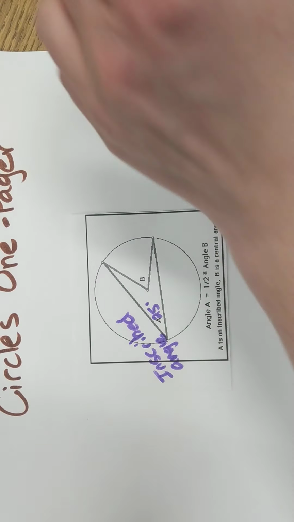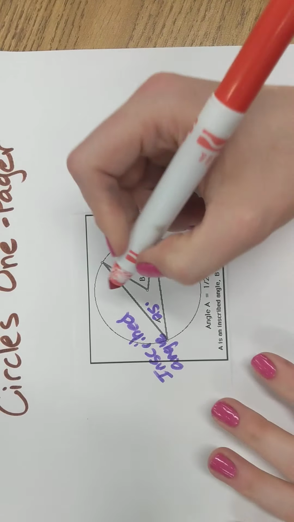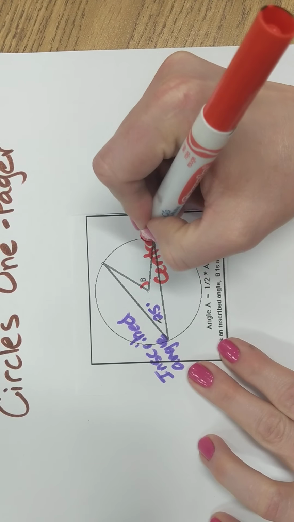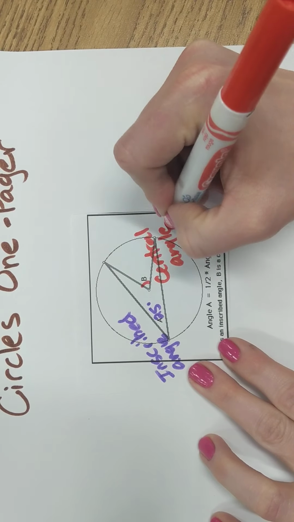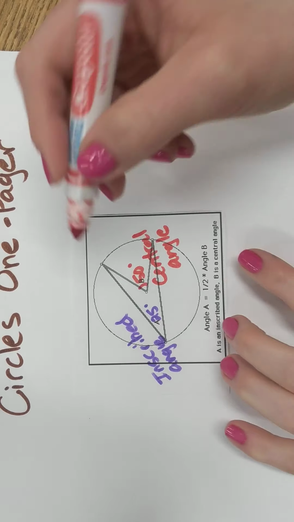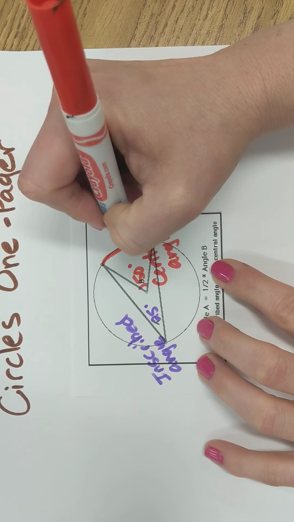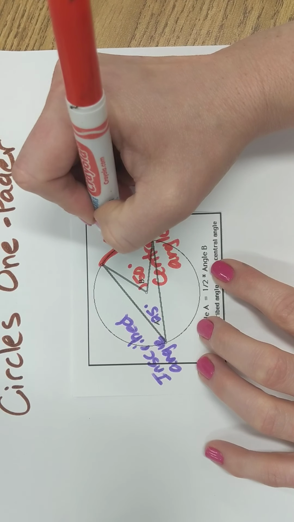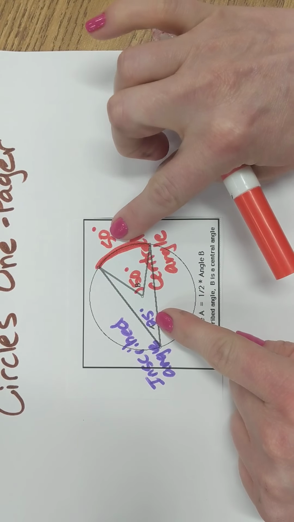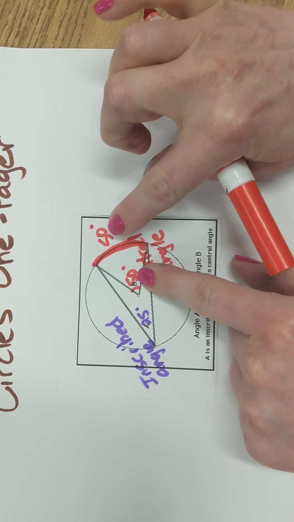Then you would know that the angle here, which is called the central angle, is 50 degrees. And you also know that the arc right here is also 50 degrees. So the inscribed angle is always half the arc, and the central angle is always equal to the arc. So that's the first rule, and it's probably the most important one.